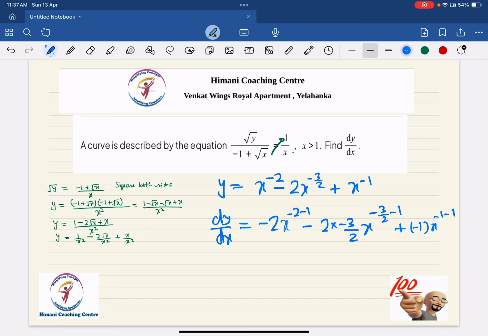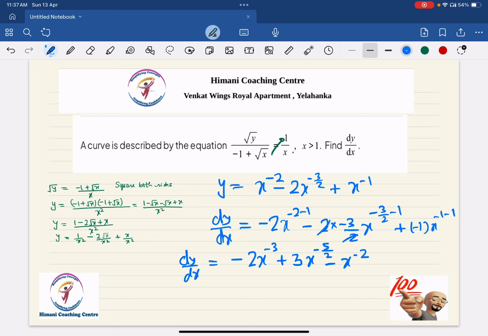So dy by dx is going to be minus 2 x to the power minus 3. This 2 and 2 cut each other, minus into minus is a plus 3, and if you do the LCM here, we will get minus 5 over 2. And plus into minus is a minus, and we get x to the power minus 2. So that is our dy by dx.